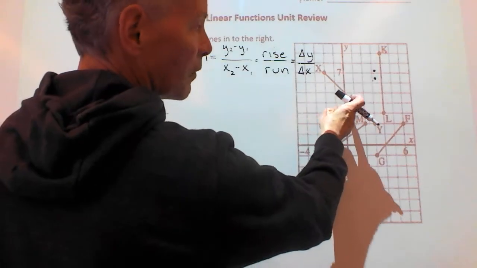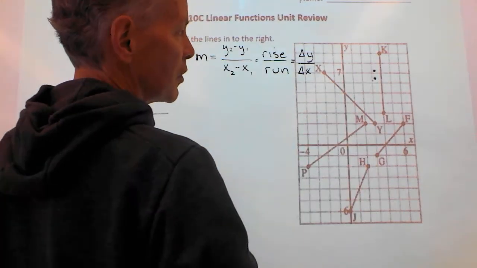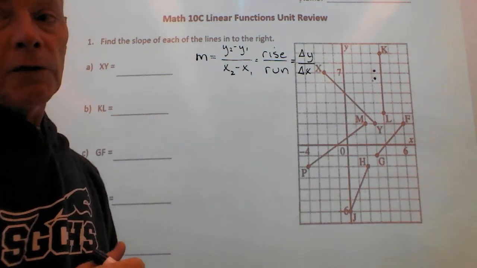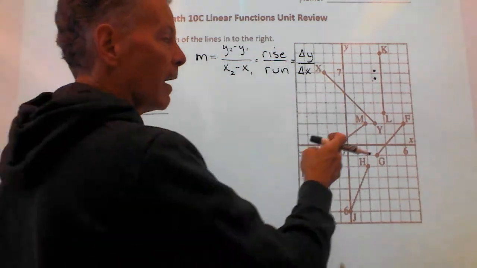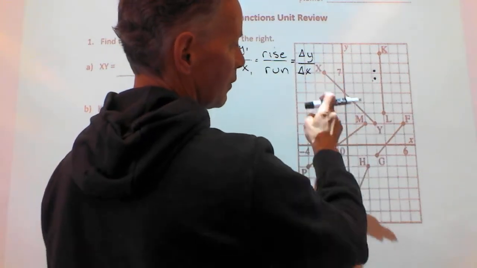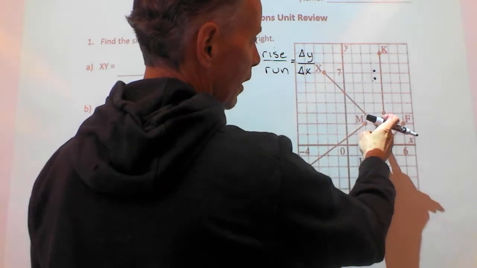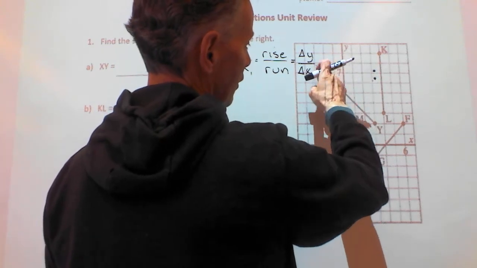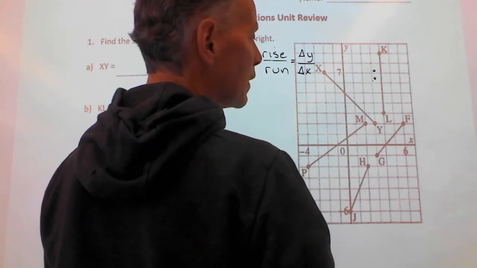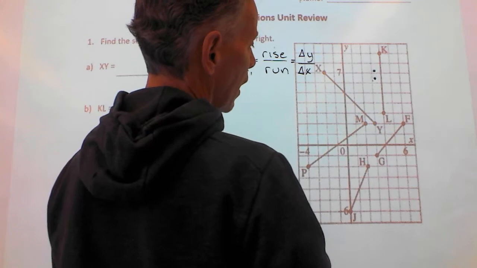So for instance, for this first question, you can just do rise over run. Okay, you don't have to find the coordinates of these points. We'll do this line XY, because these points are right on an intersection of grid lines, so it's really easy to find the rise and the run.